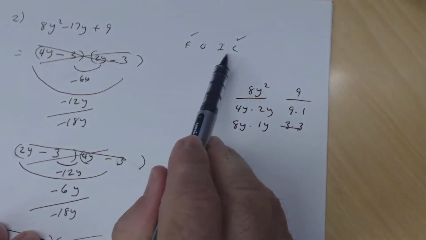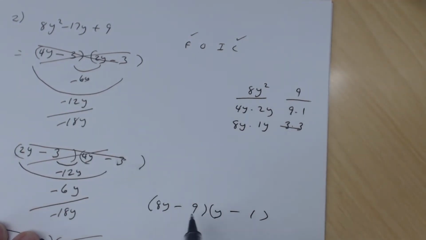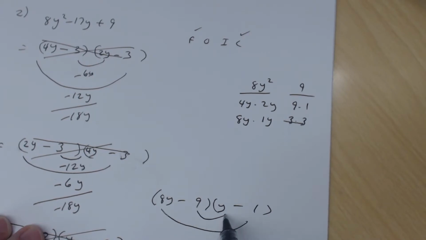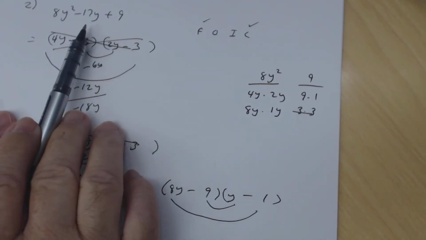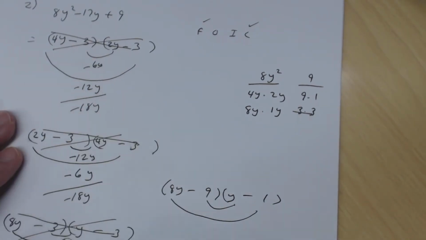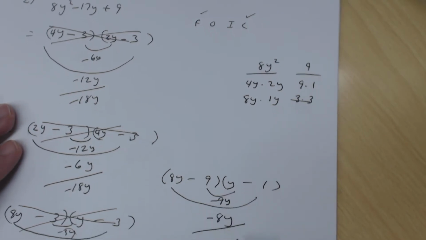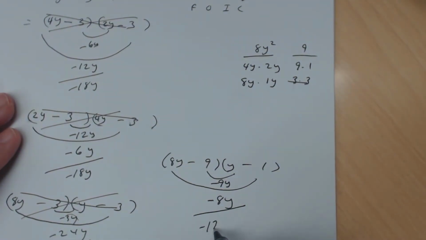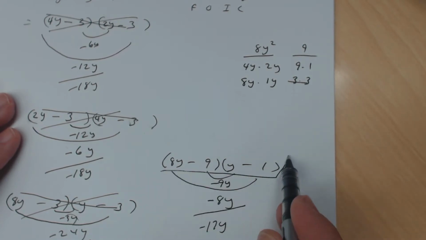Now let's check the outer and the inner. I need the outer and the inner to add up to be a negative 17y. So the outer is a negative 8y, the inner is a negative 9y, and when you add them up, you get a negative 17y, which is what you wanted. So the answer is this.